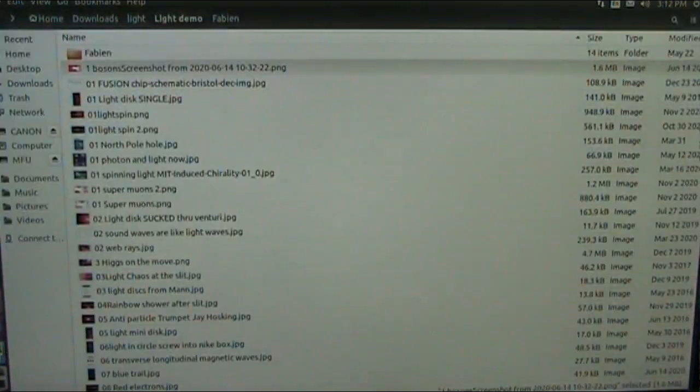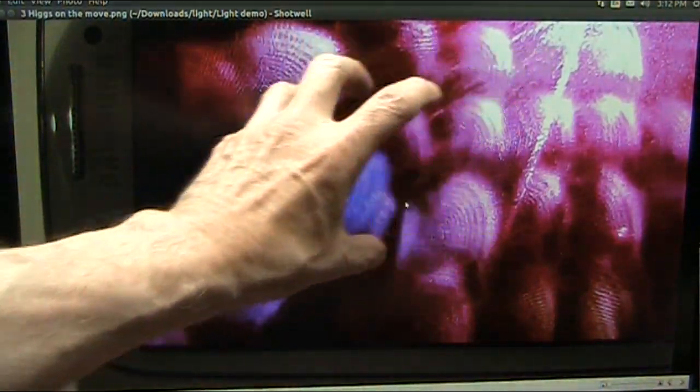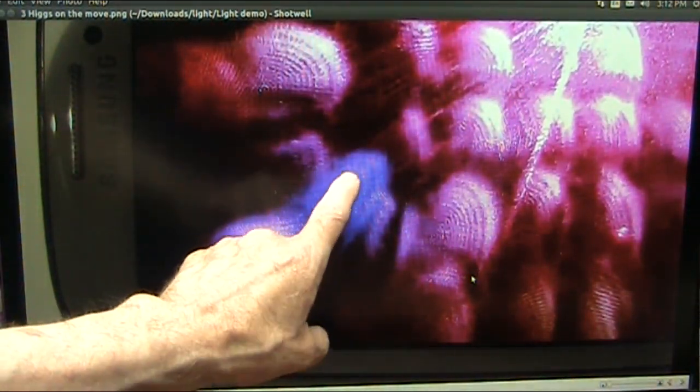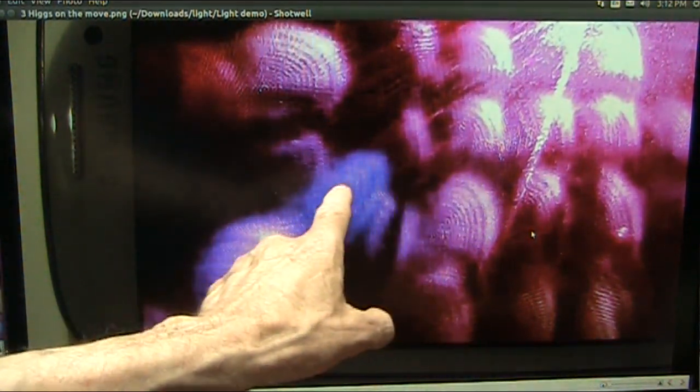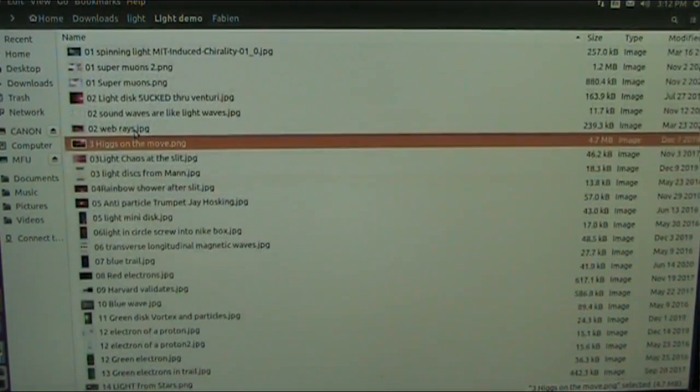And then of course we have the boson shower, we have the showers, Higgs fields and all this stuff, and these are actually moving Higgs field, and that is a very, very unusual incidence, from red turning to blue back to red again. Very, very unusual. And we have some other ones that are extremely unusual as well. Let's see.